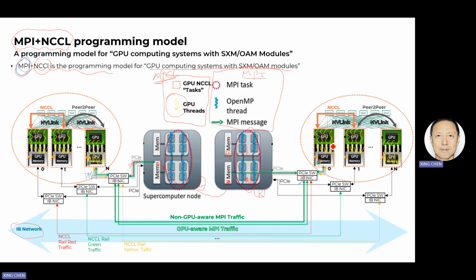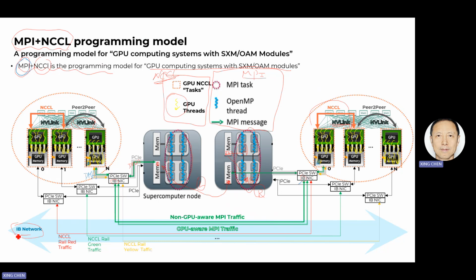Intra-node is simple. You need to go through this NVLink network. So this is NICO communication intra-node. Inter-node, things are getting complicated, because inter-node you don't have this NVLink network.